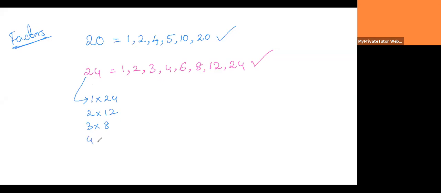What else? 4 times 6. Do we have any more? We have 6 times 4, which is the same as 4 times 6. It's just interchanging the values. So let's stop there. So just write all these values: 1, 2, 3, 4, 6, 8, 12, 24. I hope everyone understands this.